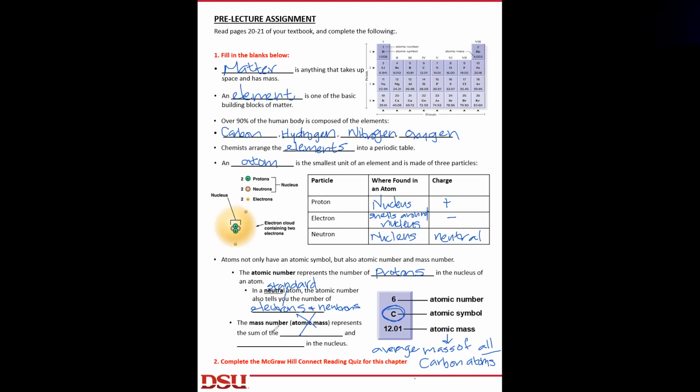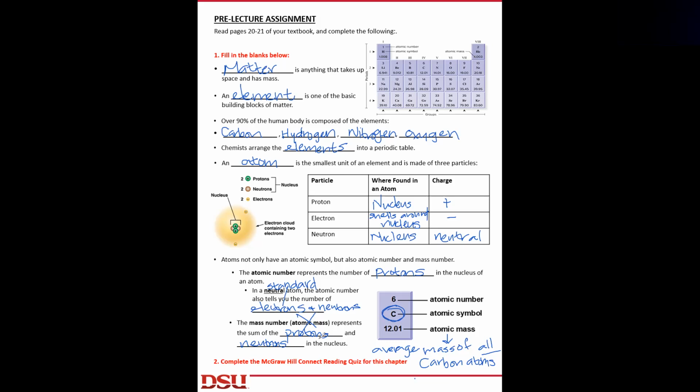The mass number, however, this represents the sum of the protons and neutrons in the nucleus. The mass number is important when you start talking about isotopes.